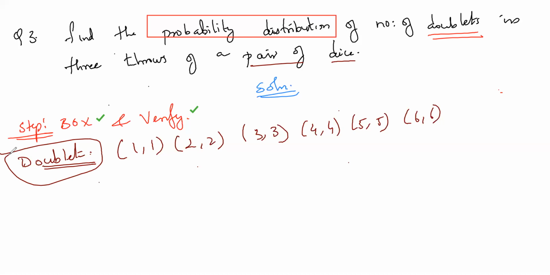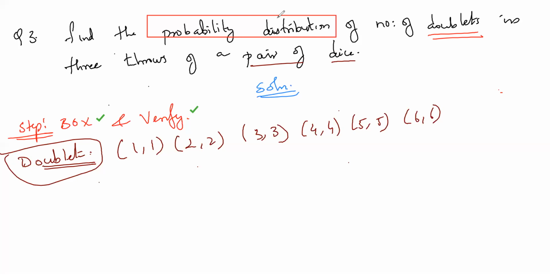Correct? So again, the question is the distribution of the number of doublets in 3 throws of a pair of dice. So first thing, we should know the sample space of this. Correct? What is it? Sample space.